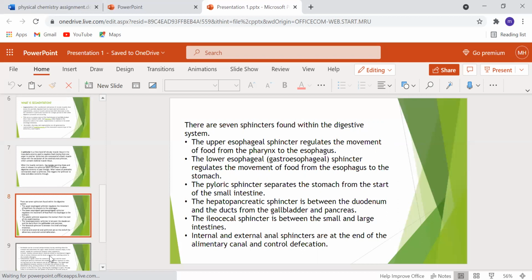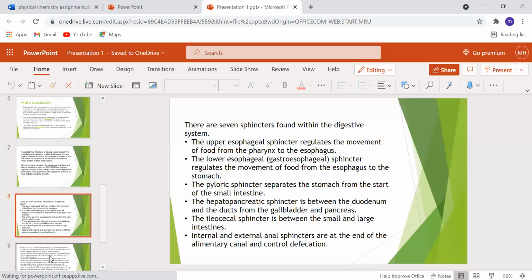So pharynx to the esophagus is esophageal sphincter. The lower, gastroesophageal sphincter, regulates the movement of food from the esophagus to the stomach. The first one, pharynx to the esophagus. The second one, esophagus to the stomach. Upper and lower esophageal sphincter.